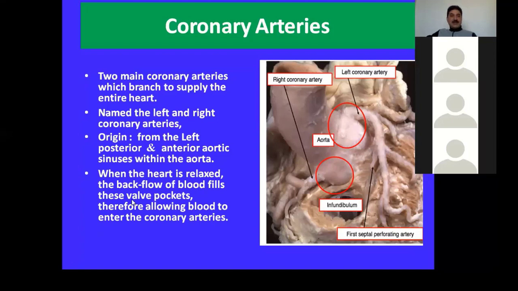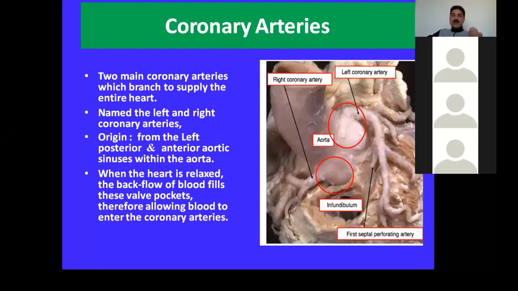When the heart is relaxed, the backflow of the blood fills these valve pockets, therefore allowing blood to enter the coronary arteries. So above the aortic sinuses, there are pocket-like structures because above these sinuses are basically dilatation. So what happens during diastole? These coronaries get filled during diastole. The heart pumps the blood only during systole.